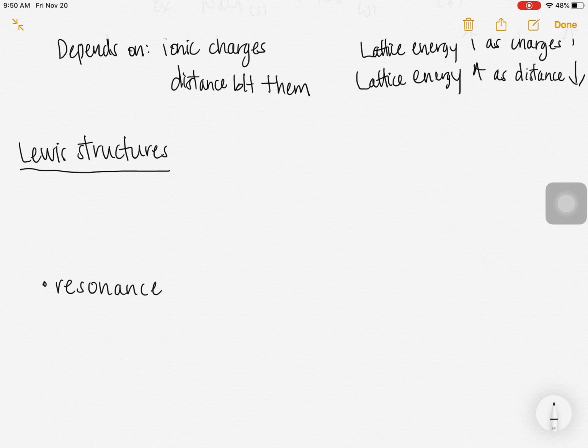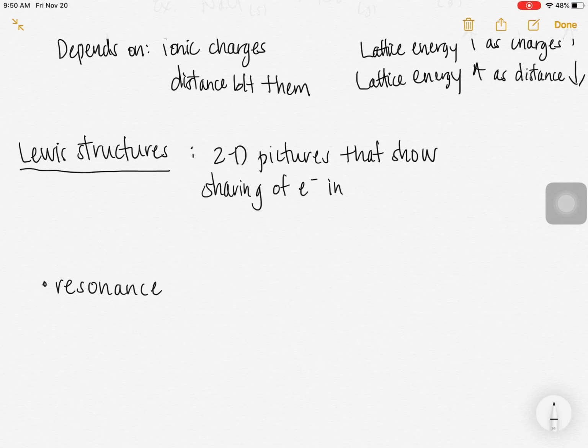Okay, so then of course we move into Lewis structures, which are 2-dimensional pictures, which we know is a big deal now that we've talked about geometries. They're 2-dimensional pictures that show the sharing of electrons in covalent compounds.